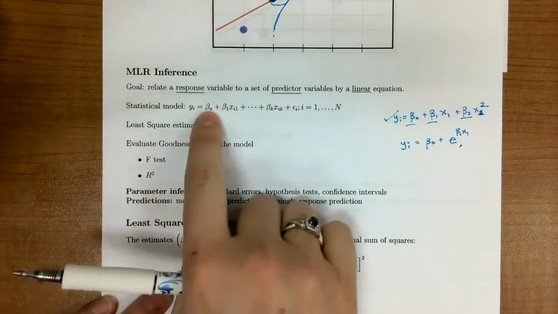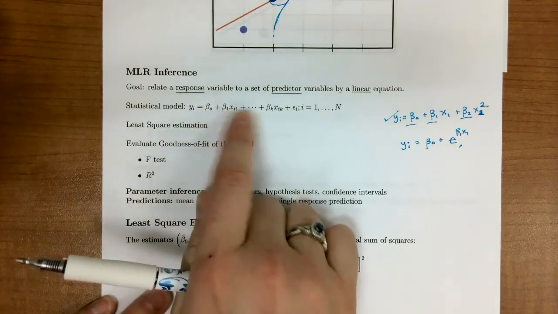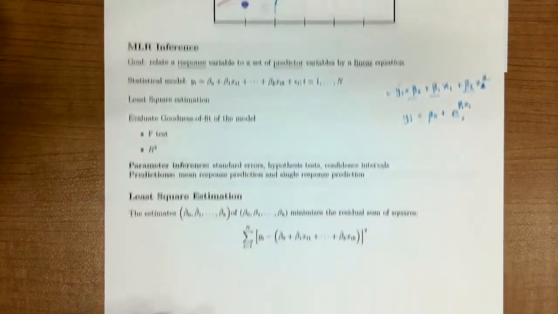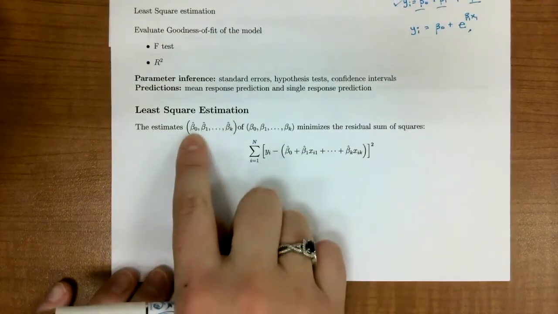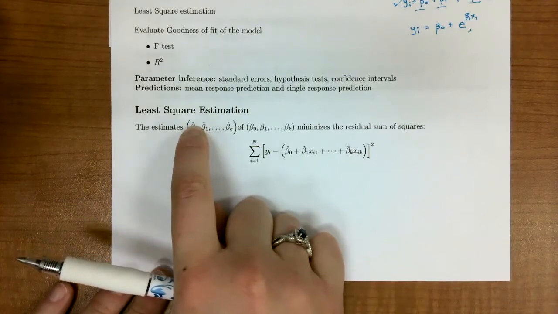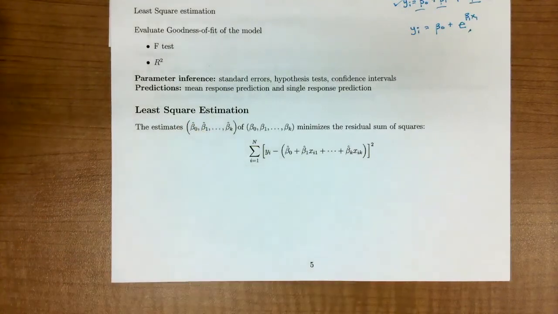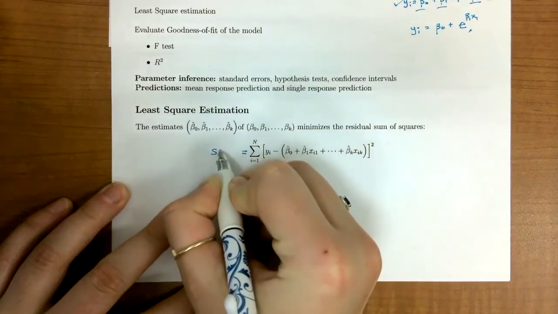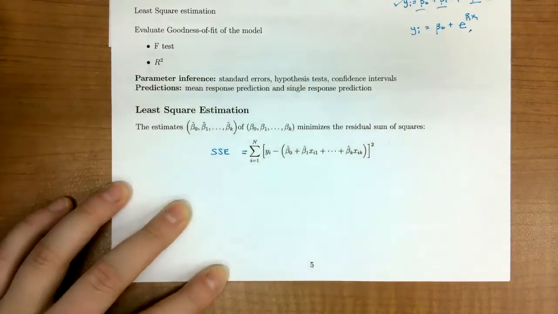And now our goal is to use our data and estimate what we think these betas are. We represent our estimates by putting hats on them. And so what the least squares estimate does is it tries to minimize the residual sums of squares, what we would maybe call SSE.